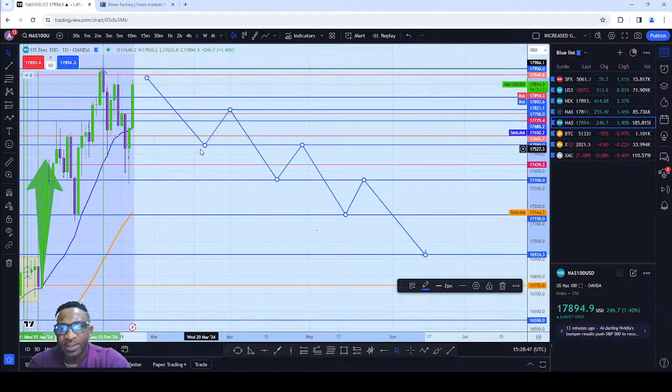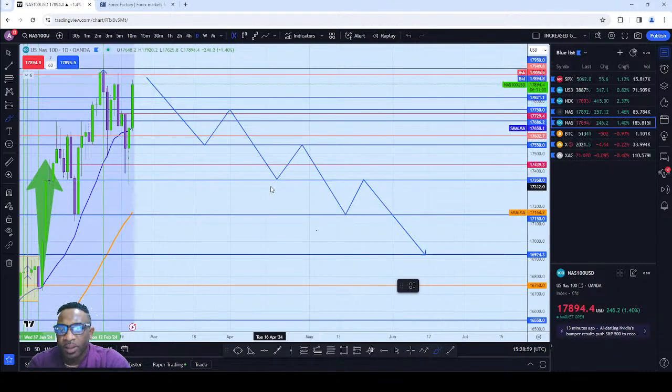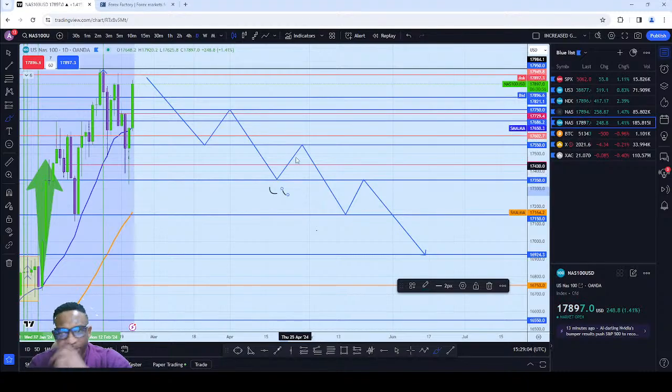It creates a lower low here, and then this point becomes a lower high. This point is a lower low, lower low, and then we have here a lower high, lower high. So the same thing that I was explaining, but in a reverse form.